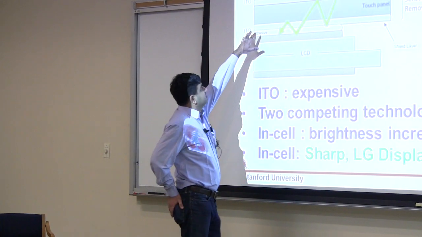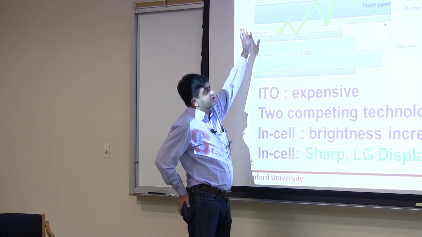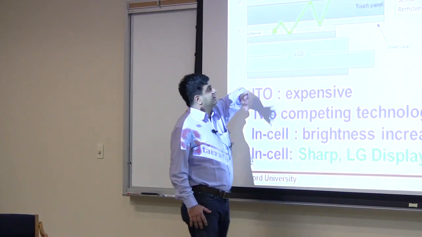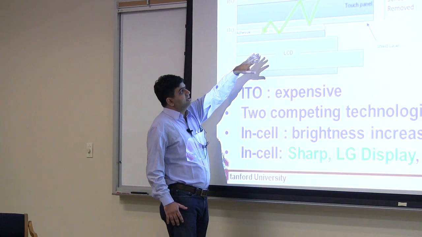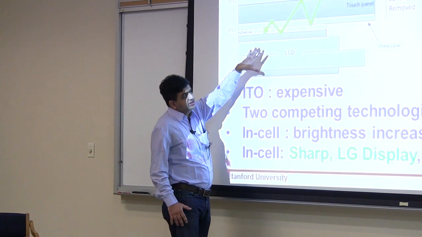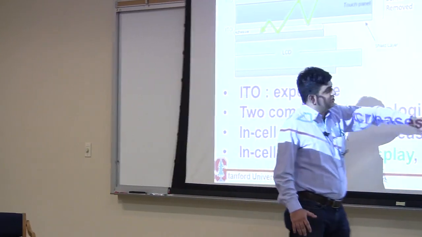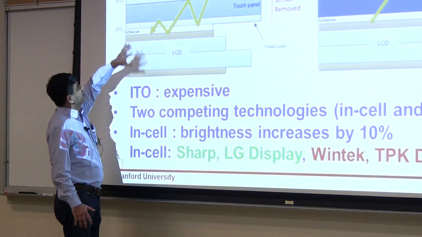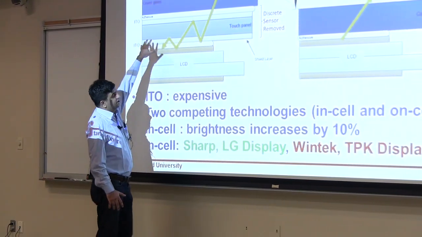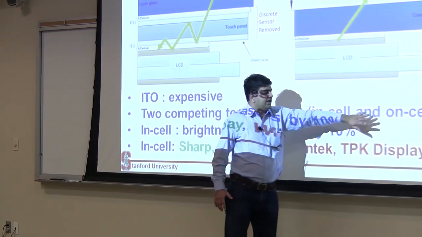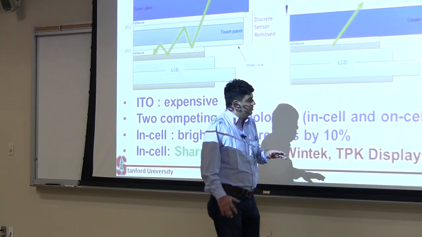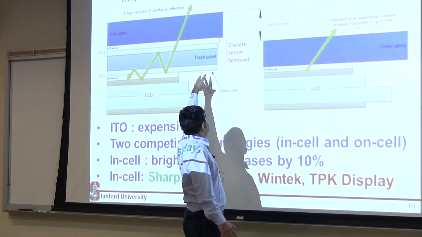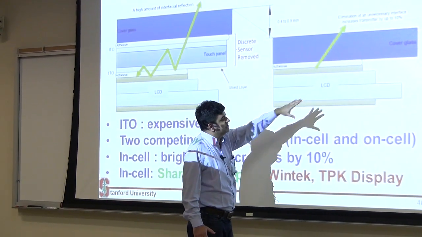So people are trying to get rid of this touch panel, and there are two different approaches you can take. You can either integrate those electrodes which enable your capacitive sensing into your LCD, and that's called an in-cell approach. Or you can move this capacitive sensing into your glass, and that's called the on-cell approach. Samsung and Apple have taken different approaches. Apple does it in an in-cell way, where they have taken that touch screen and moved it into your LCD.